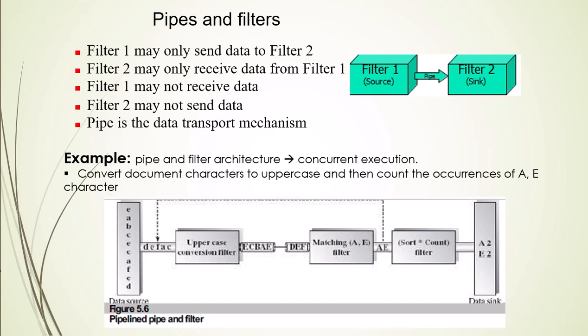Remember that the function of this whole system is to convert document characters to uppercase and then count the occurrences of A and E characters. First it converts input characters to uppercase, and then each character is compared with either A or E. If it matches either A or E, the counter will be incremented.